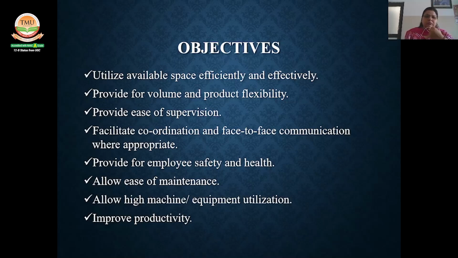Next is provide for volume and product facility flexibility. Layout is that kind of thing that can affect your volume, your product quality, everything is considered, or you can say dependent on your particular manufacturing layouts.